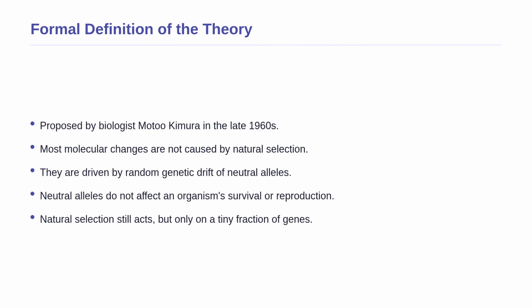Instead, these changes are caused by the random genetic drift of mutant alleles that are selectively neutral. An allele is considered selectively neutral if it does not affect an organism's ability to survive and reproduce. Its evolutionary fitness remains exactly the same.